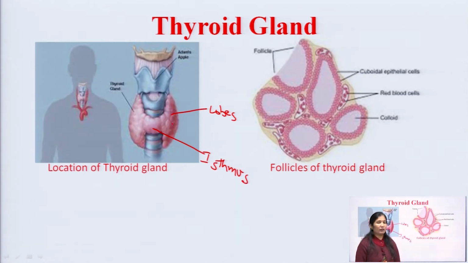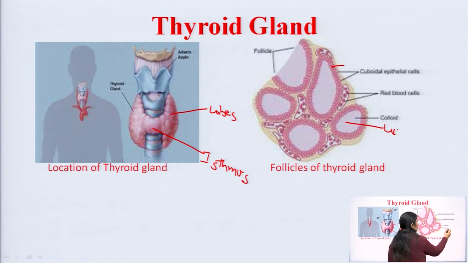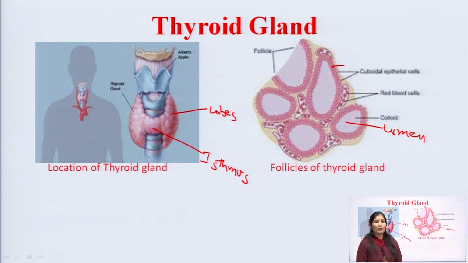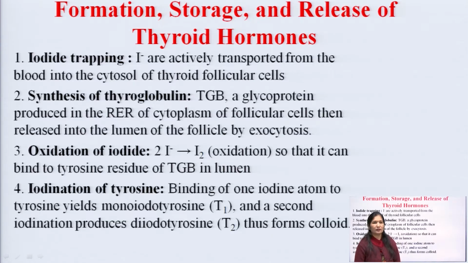I have already told their location. So, these are the follicular cells, and in between there are parafollicular cells, and there is a lumen. This is the lumen, which is known as the colloid of the follicular cells. So, here the thyroid hormones are synthesized.